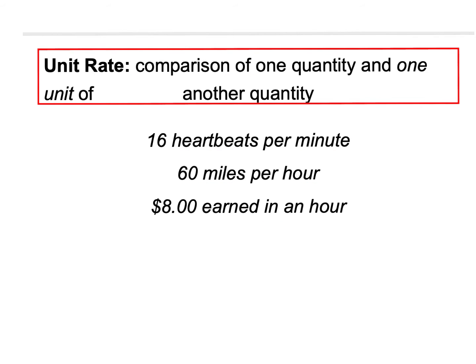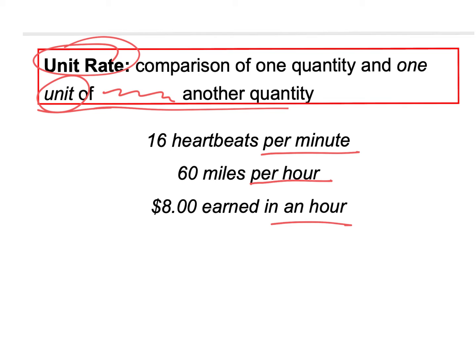So a unit rate is a comparison of one quantity and one unit of the other quantity. So here from our last ones, we have 16 heartbeats per minute, 60 miles per hour, $8 earned in 1 hour or per hour. That's one way you can tell that we're talking about a unit rate.